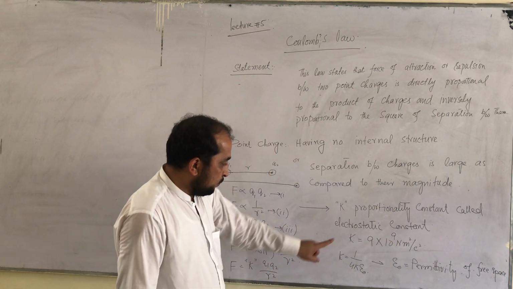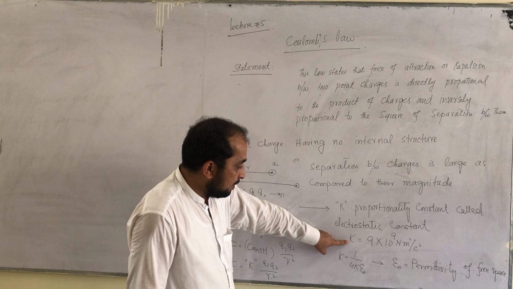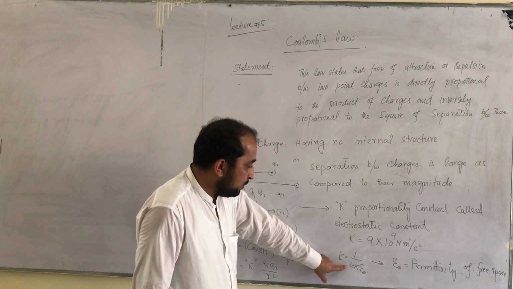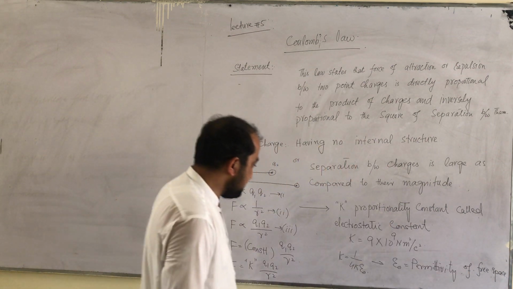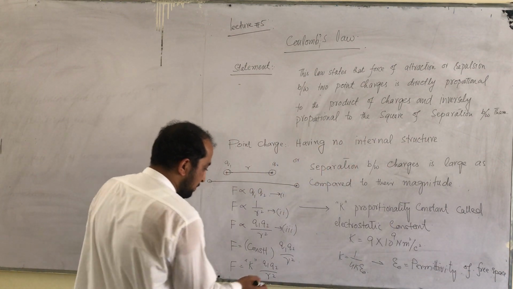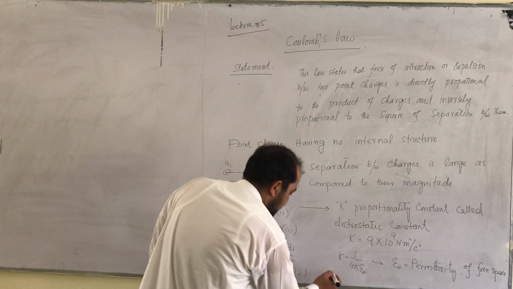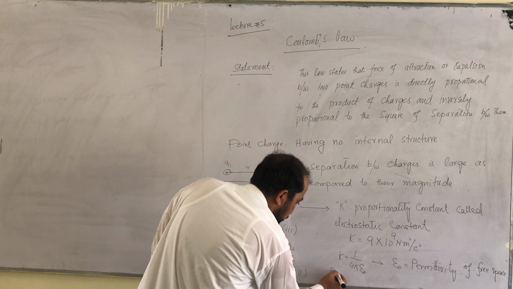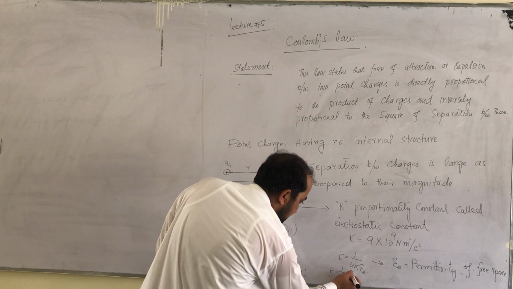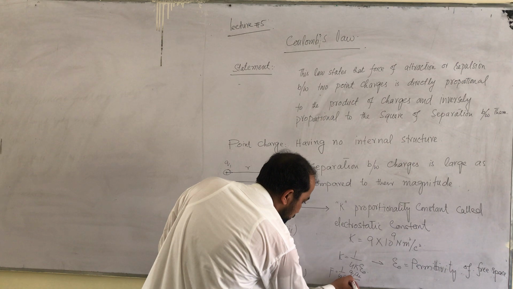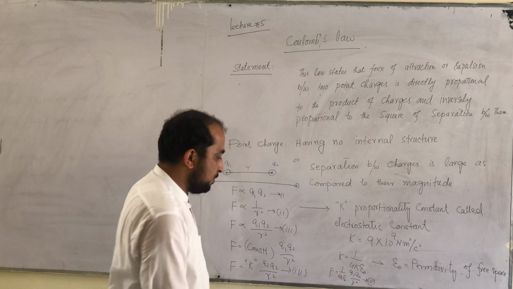But we can replace this K value in another form, which involves the permittivity of free space. So equation number 4 can also be written as F is equal to 1 over 4 pi epsilon naught, Q1 Q2 by R square, equation number 5.